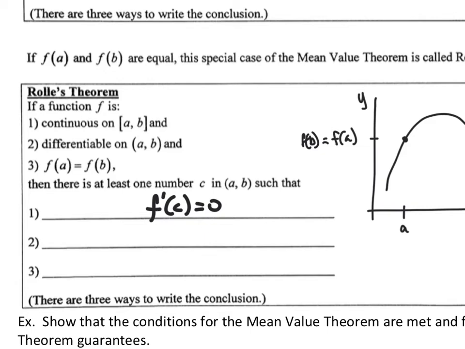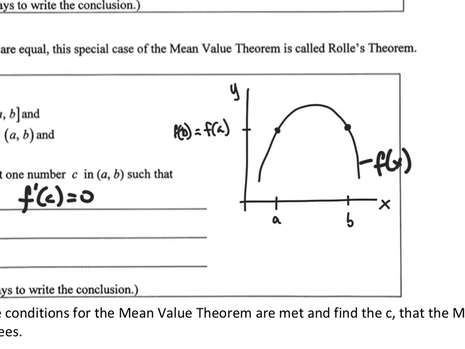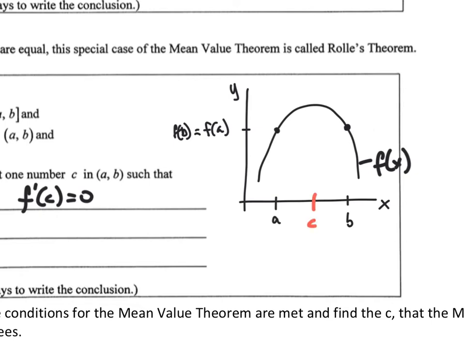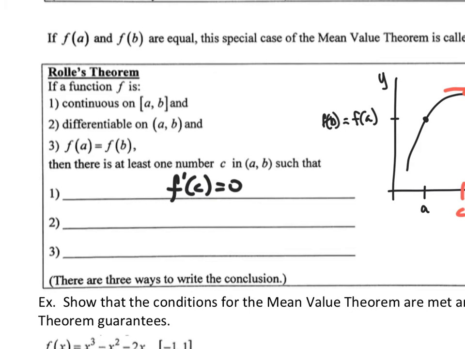Okay, and by that picture, let's draw a picture of that. So there has to be some value in here, c, where we have a slope of 0, so that f prime of c is equal to 0. Let's just go ahead and write this: the slope of the tangent line must be 0.